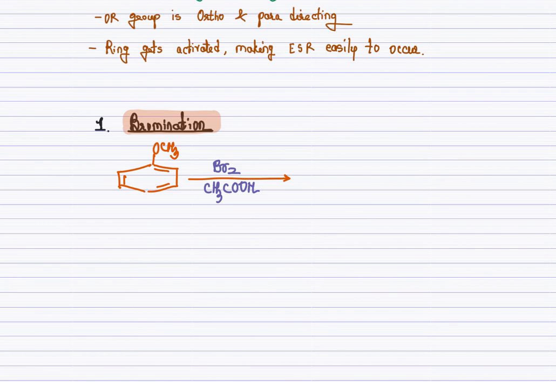We do not need FeBr3. Generally, we use FeBr3 to form Br plus, the electrophile. But here, FeBr3 is not needed because the ring itself is extremely activated, and so we have two products, ortho and para.